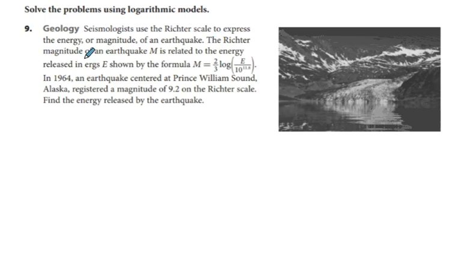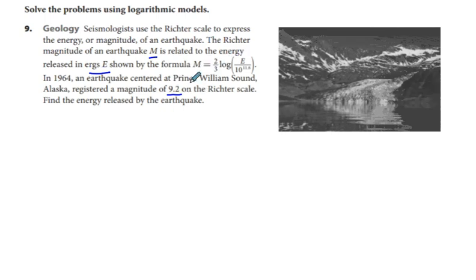The Richter scale magnitude of earthquake M is related to the energy released in ergs, E, shown by the formula. Here's our formula. In 1964, an earthquake centered at Prince William Sound, Alaska, registered a magnitude of 9.2 on the Richter scale. Find the energy released by the earthquake. That's one of the most powerful earthquakes in recent history.